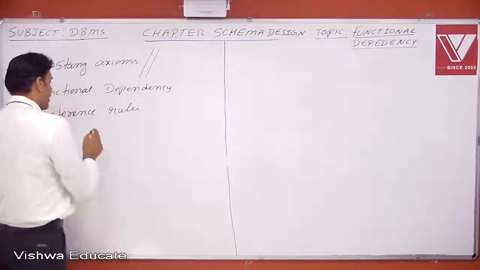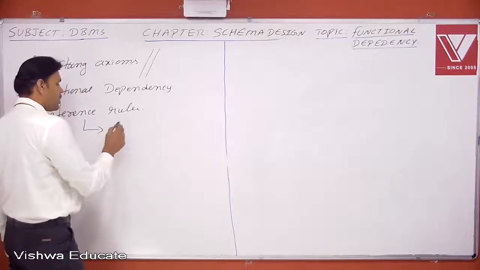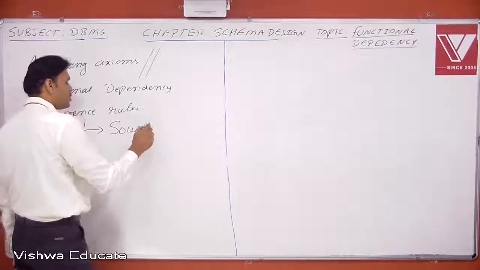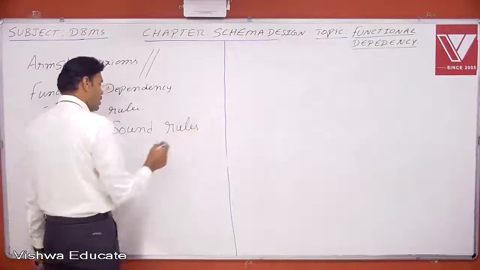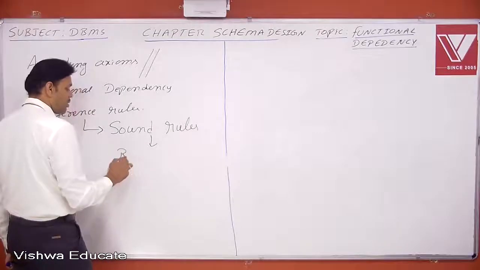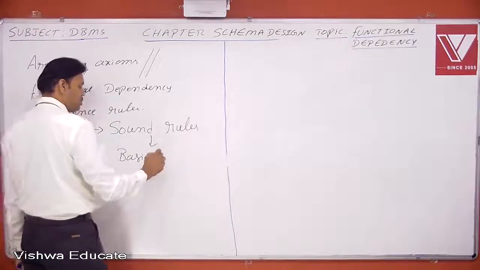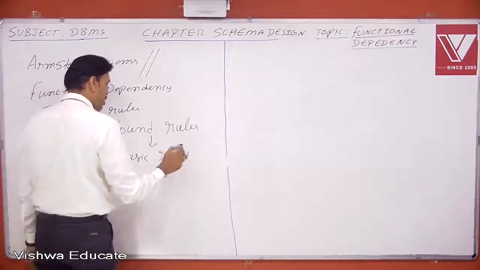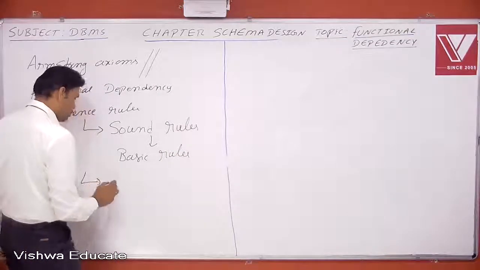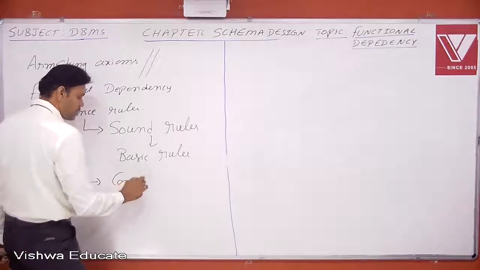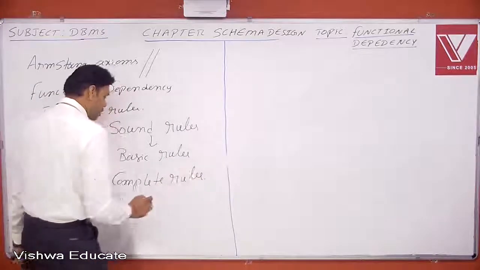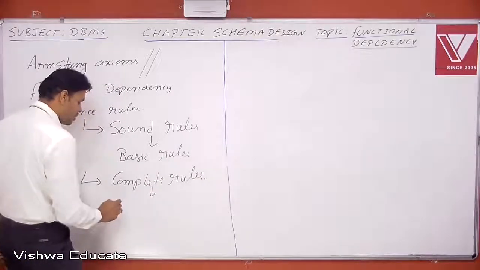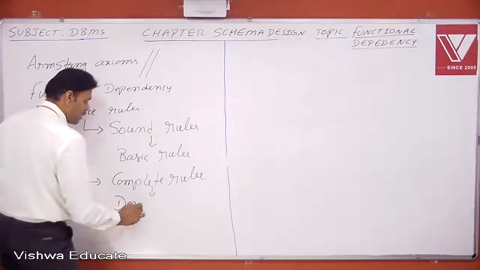Okay, as I told you, they are divided into two varieties: sound rules, which are also called basic rules, and the second variety, known as complete rules. These complete rules are known as derived rules.